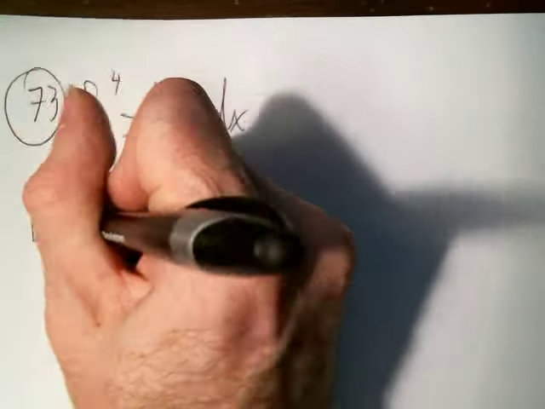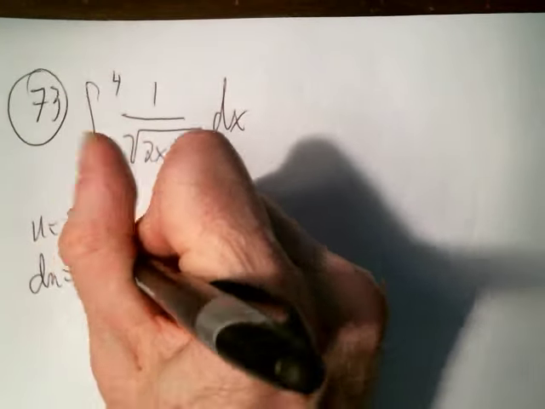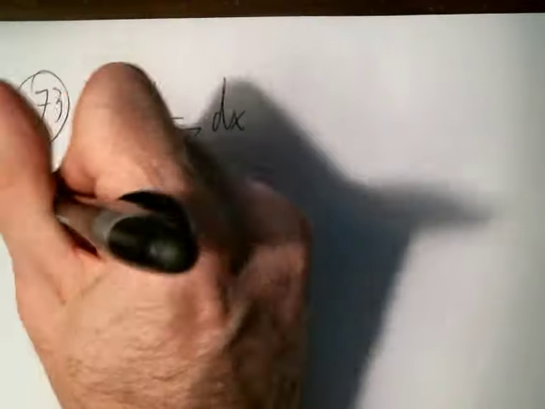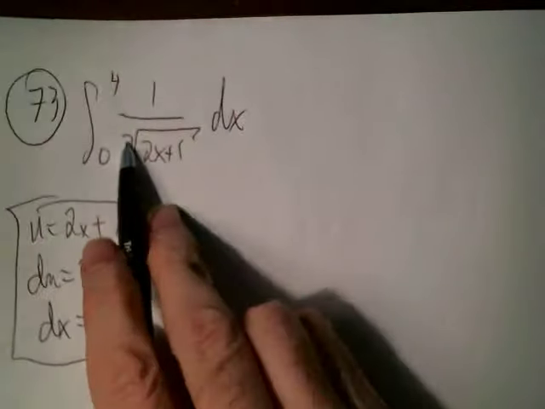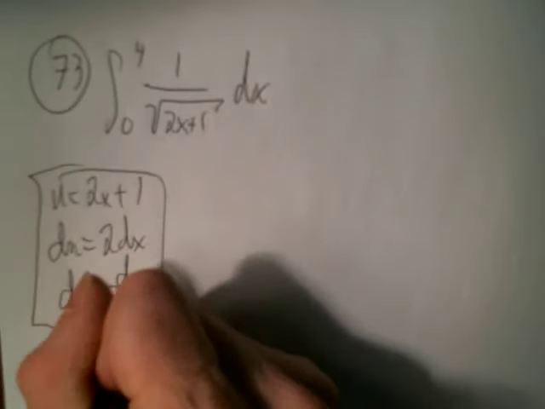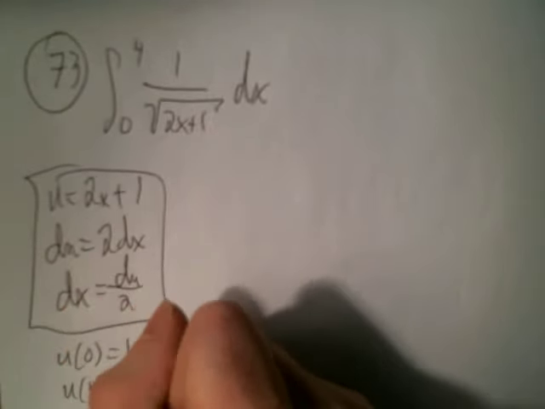So I'm letting u equal 2x plus 1, and then du equals 2 dx, and then dx equals du over 2. Okay. And then I need to change my bounds. So using this formula, I know u of 0 is equal to 1, and then u of 4 is equal to 9.